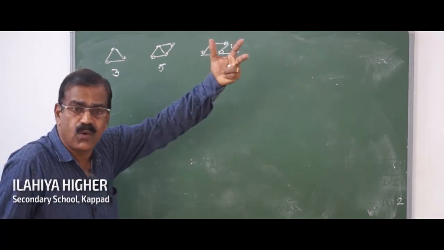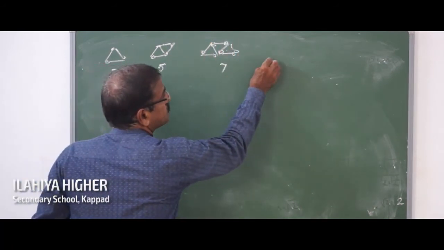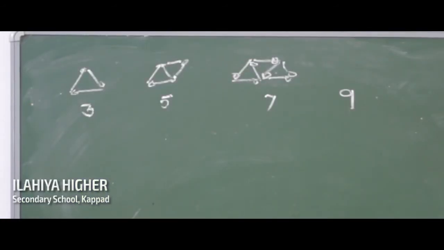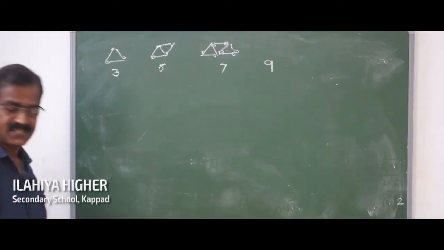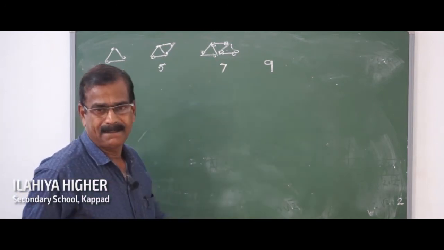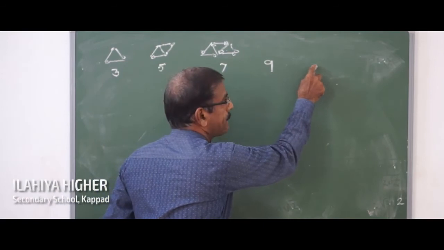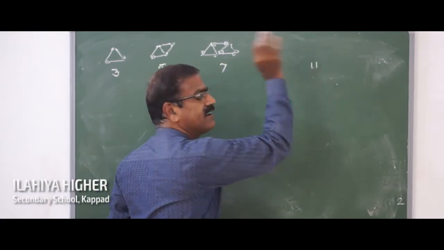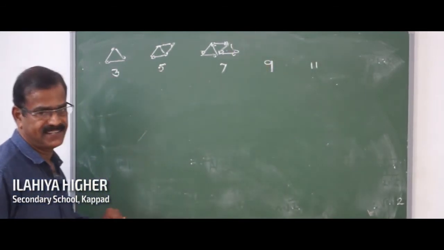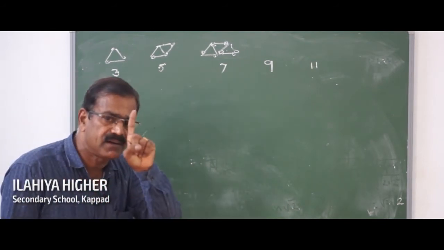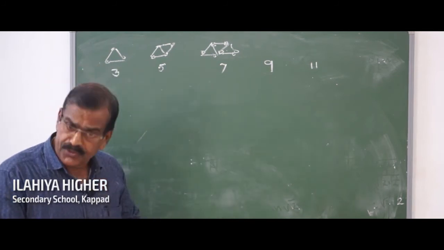So in the next one, how many? 7 plus 2, that is 9 matchsticks are needed to make the next form. Then what about the next one, that is the fifth one? 11 matchsticks are needed. Now can you predict the number of sticks needed to make the 100th figure?